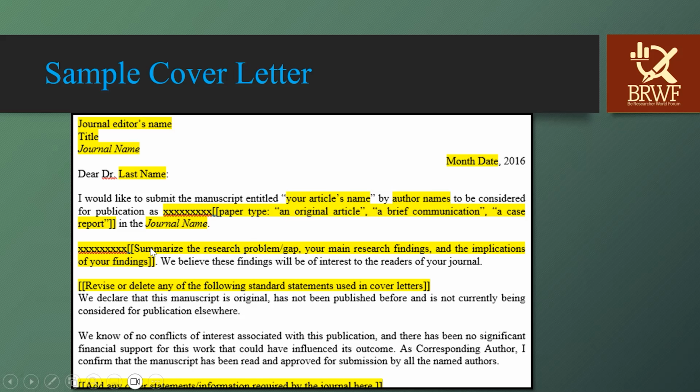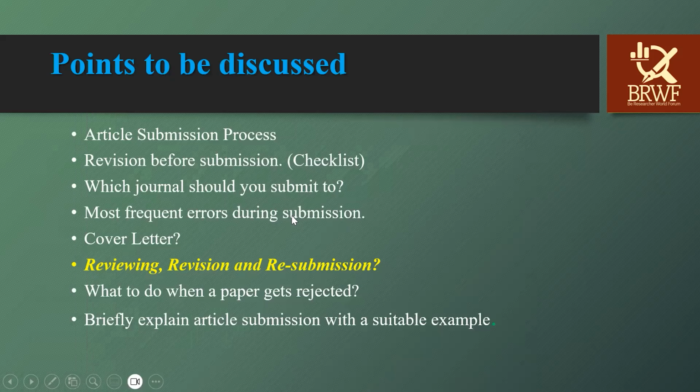We marked the essential information where we can put our journal's information. So this is an ideal format for how we can write a cover letter describing all of the essential things. Actually, an ideal cover letter creates a positive impression. So we should take it consciously.